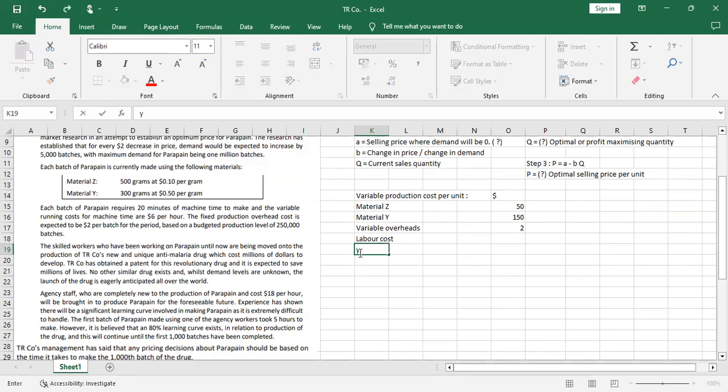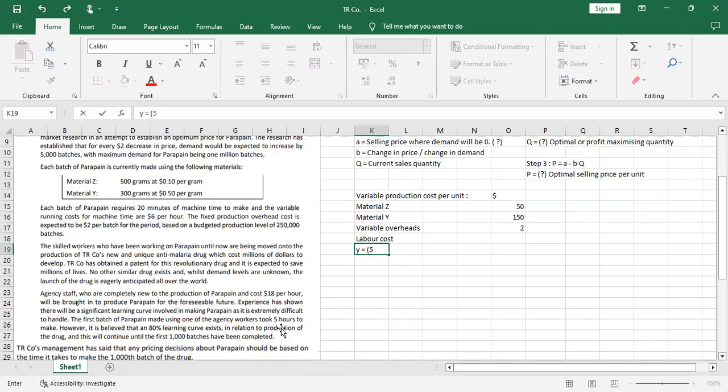So first of all, we will calculate average hours and total hours for 1000 units. Y is equal to time for first unit. What is the time for first unit? Time for first batch is basically 5.